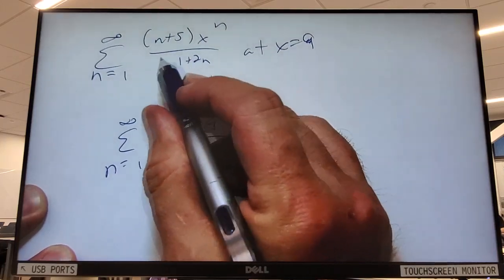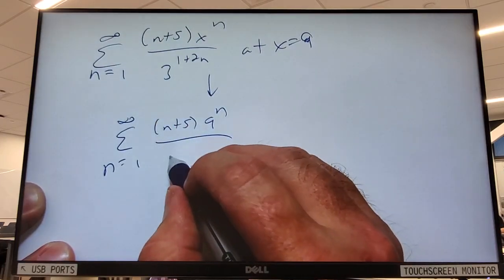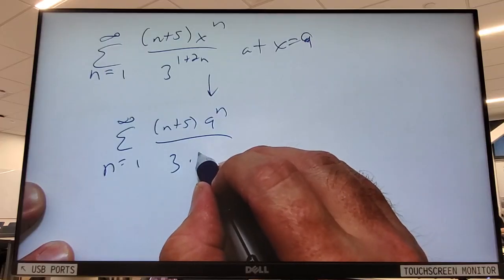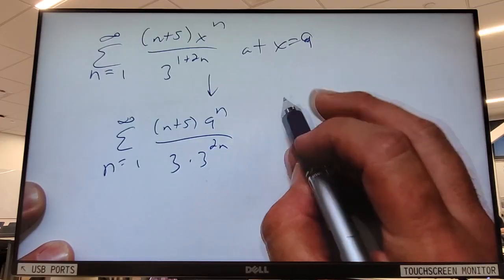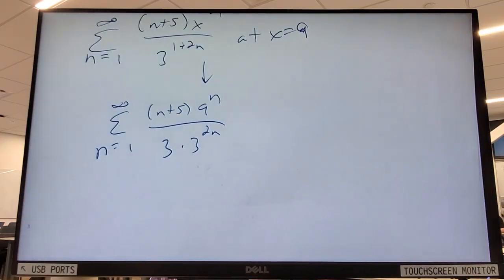On the bottom, how do I rewrite that bottom? E to the 1 power times e to the 2n. And what is 3 to the 2n? Because that's 3 to the 2 to the n. 3 to the 2, so we're going to say 3 squared, it's 9. So that's 9 to the n, yeah?